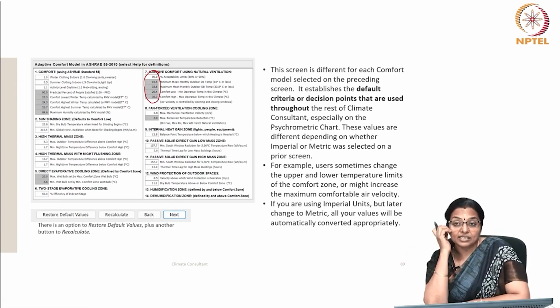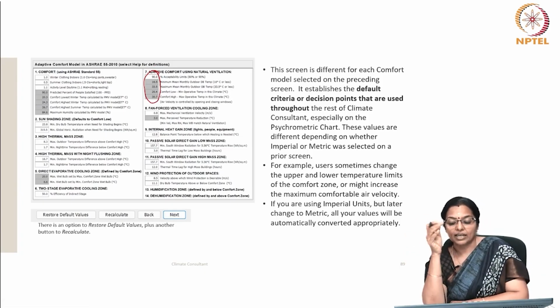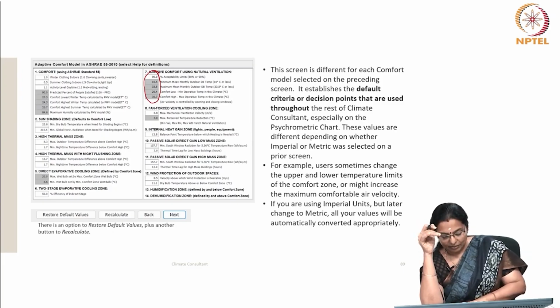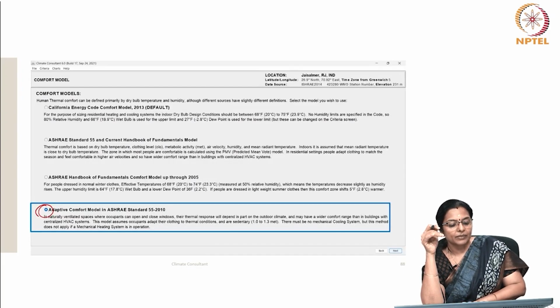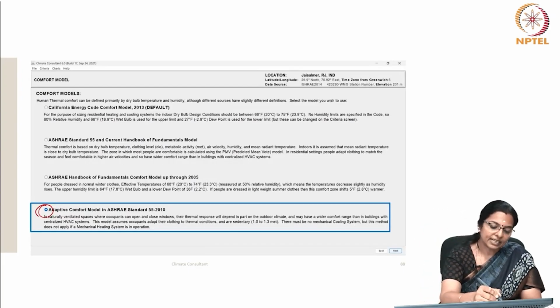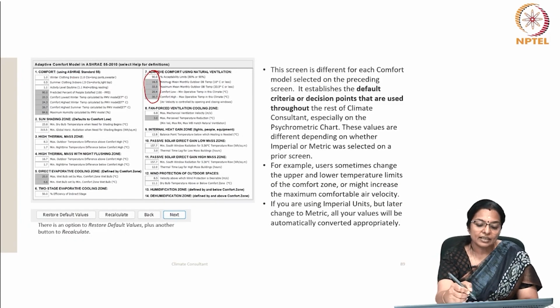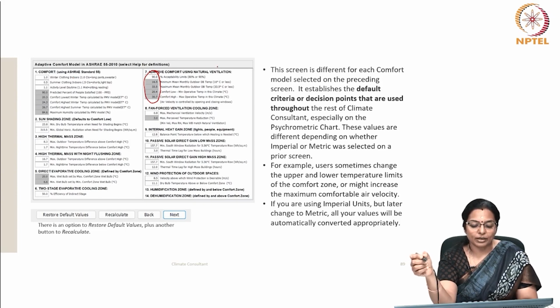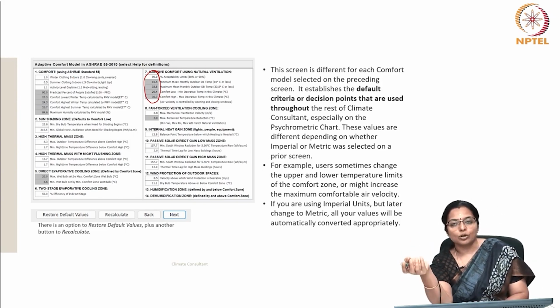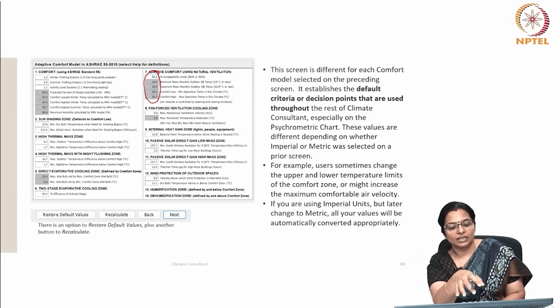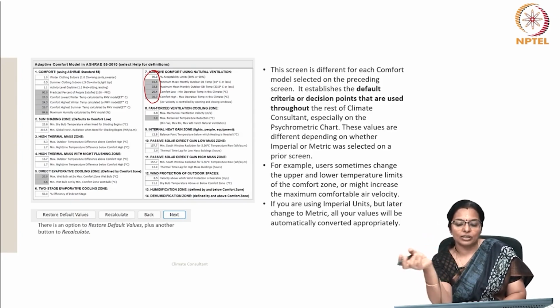So this screen is different for each comfort model which you select on the preceding screen, which means if you had selected the California Energy Code comfort model, then the criteria would have been different. It wouldn't be the adaptive comfort model. So based on what you select in the previous slide, the figures will feature here on this slide.